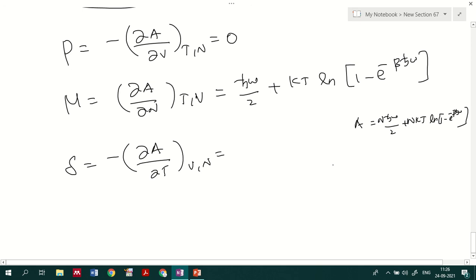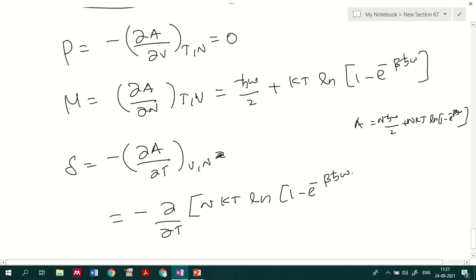This I just represented for the sake of it. So if you do minus ∂/∂T, you have to do NkT ln(1 − e^(−βħω)). This is how it will come, because Nħω/2 is a constant, so the ∂/∂T of that term will be 0. The remaining will be only this representation, that's why we only represented that one.